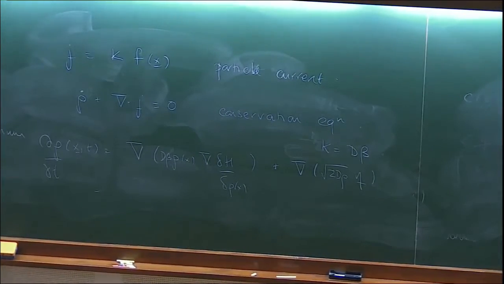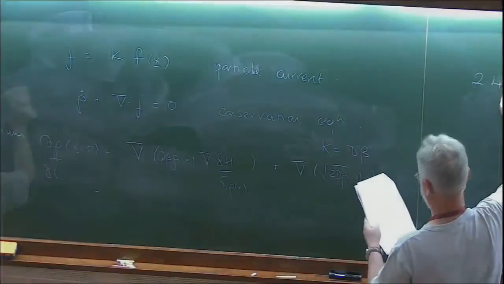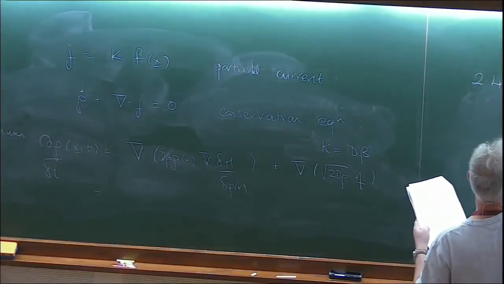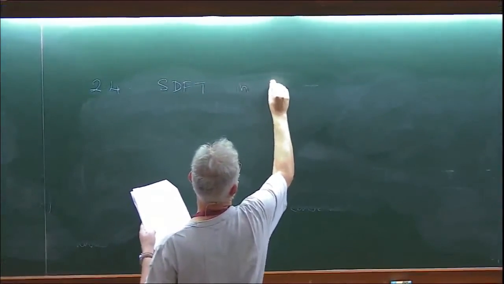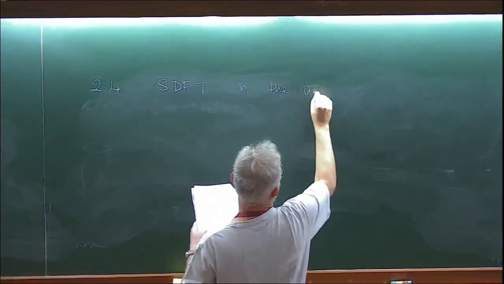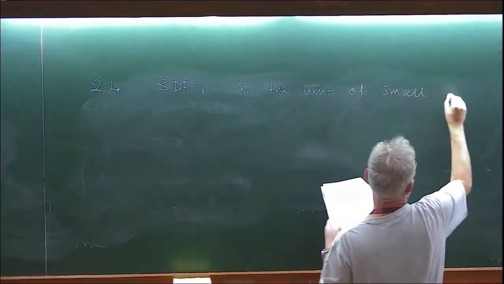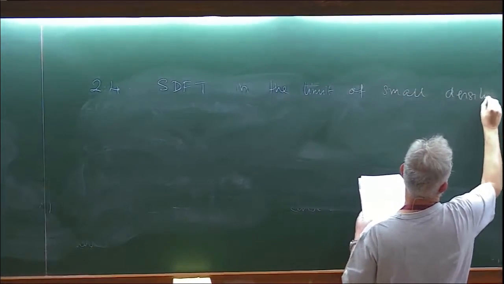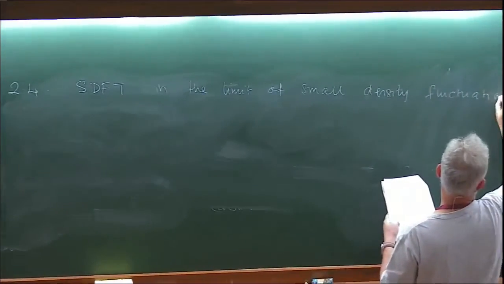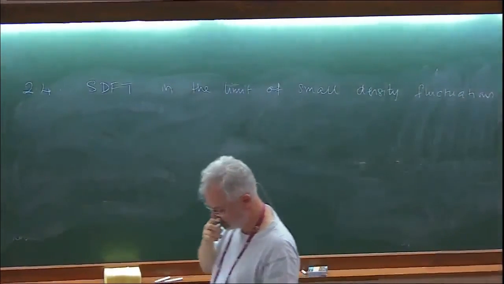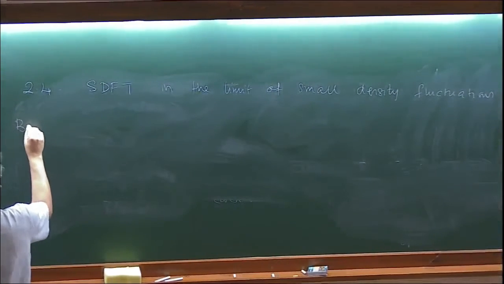Okay, so let's see if we can, stochastic density functional theory, so this is 2.4, SDFT in the limit of small density fluctuations. So what I want to do with my SDFT now, I'm going to look at the bulk case, okay?